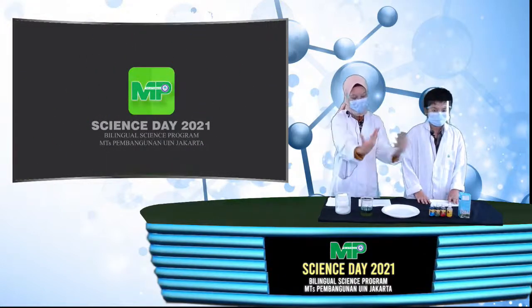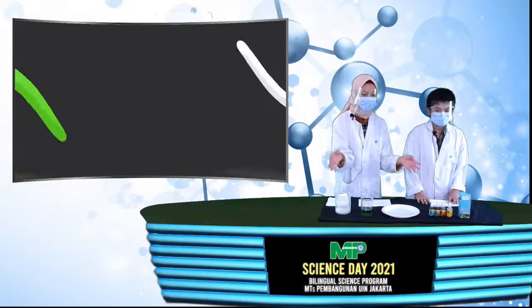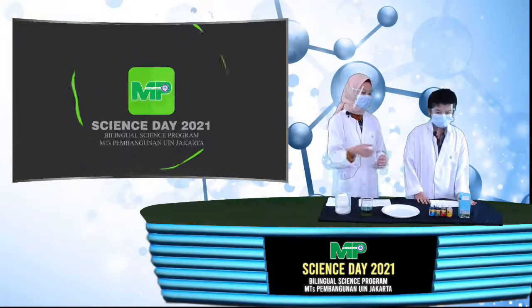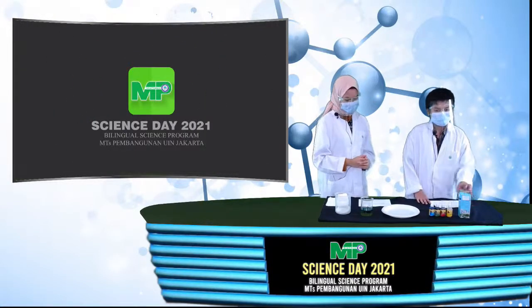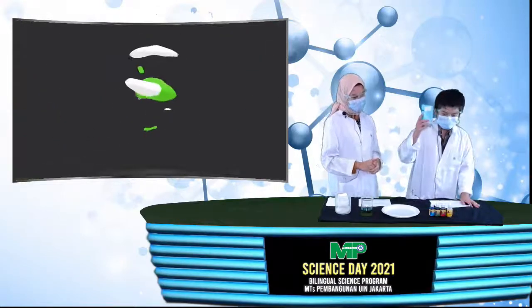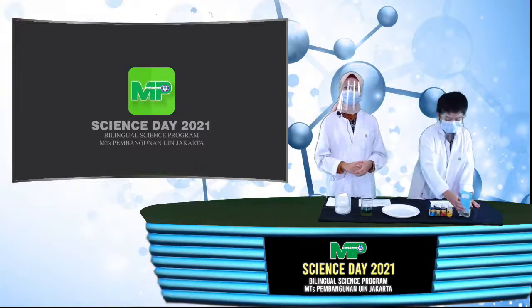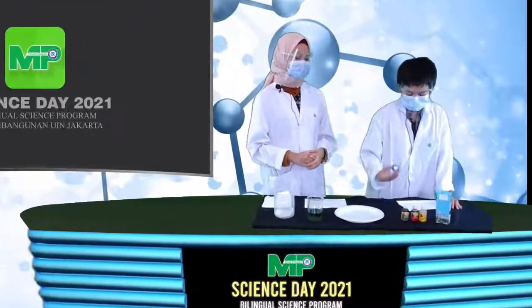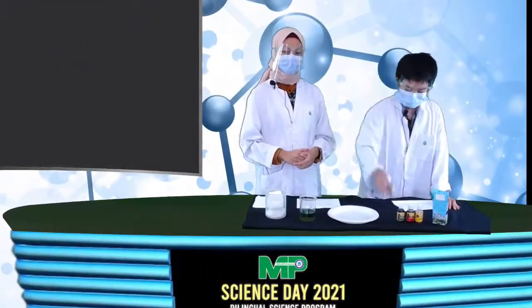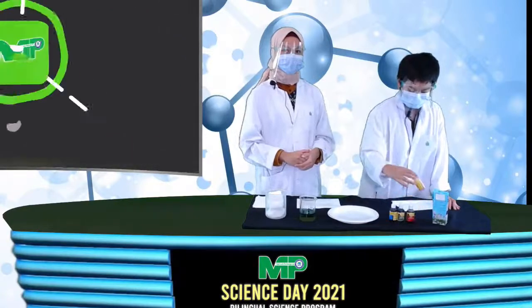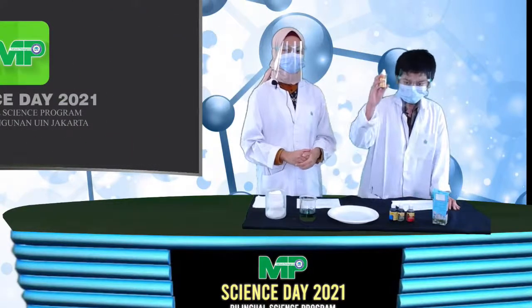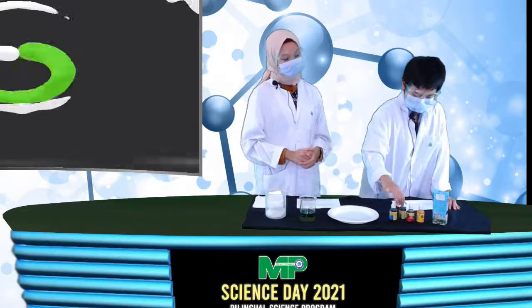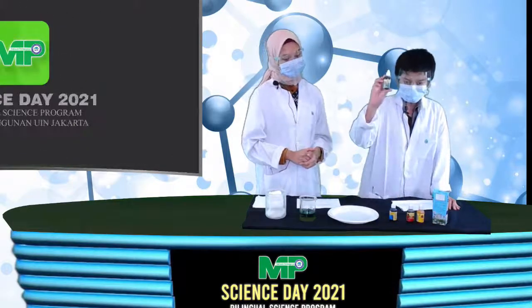As you can see here, we already prepared the materials. So what do we have here? First, we have some milk, fresh milk. Then we got some food coloring. One is blue, the second one is yellow, and then green.